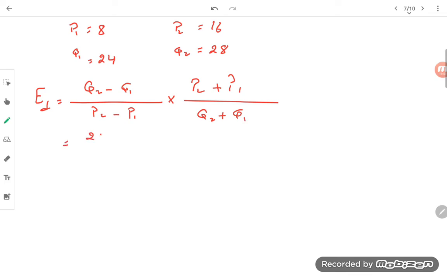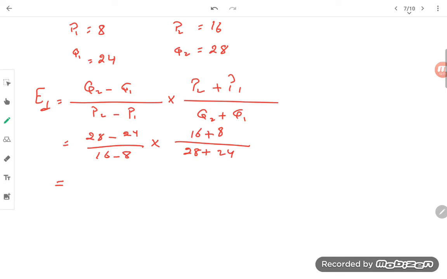So it will be 28 minus 24 divided by 16 minus 8, multiplied by 16 plus 8 divided by 28 plus 24. Then you have to find the value.